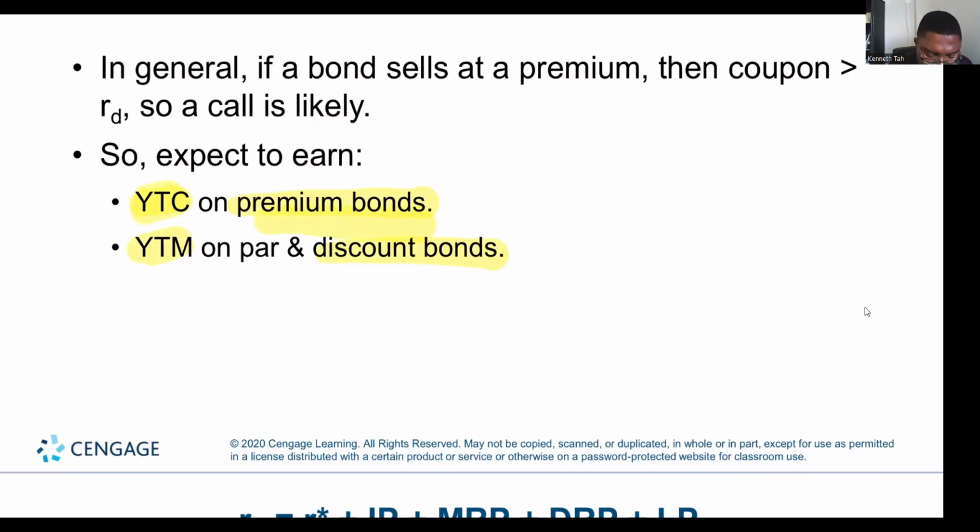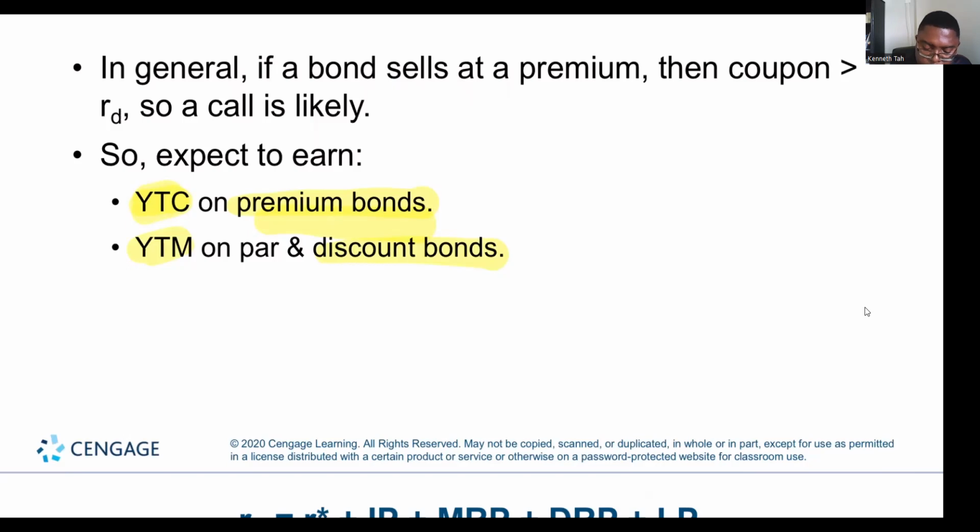But for discount bond, interest rates are already high, because for discount bond, we said the yield to maturity is greater than the coupon rate. So the bond sells for less. So if we begin from a position where interest rates are high, then we expect that rates will only go down.